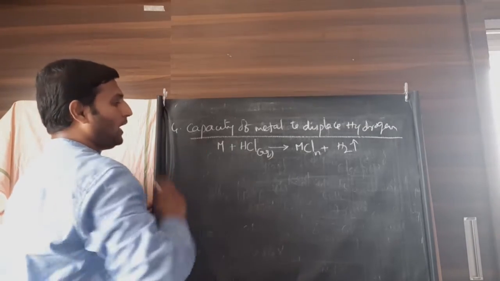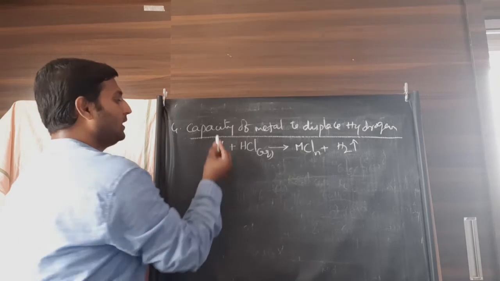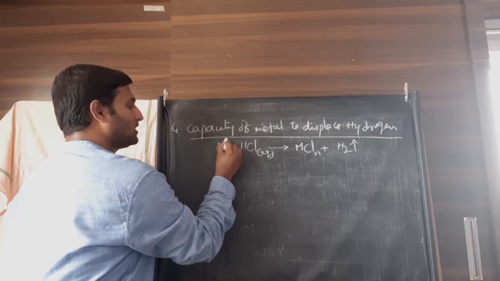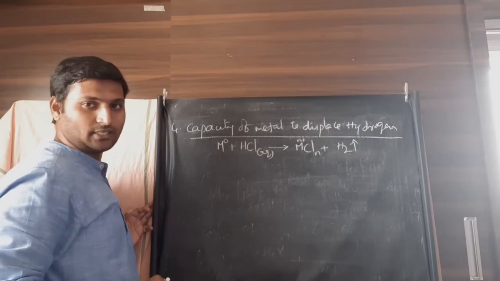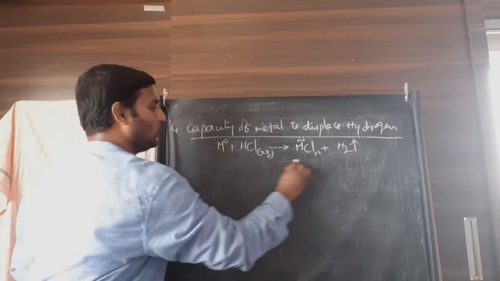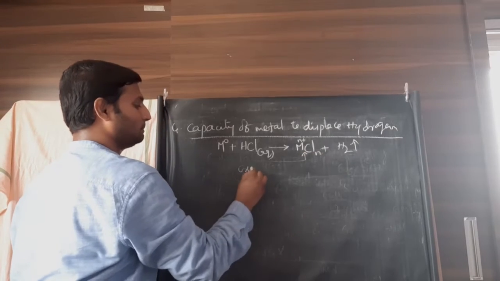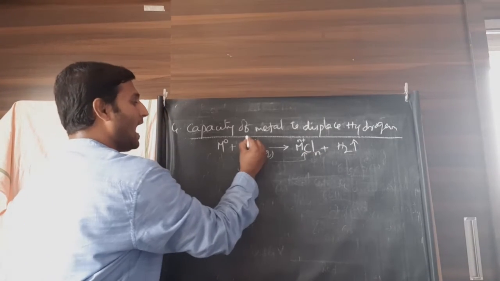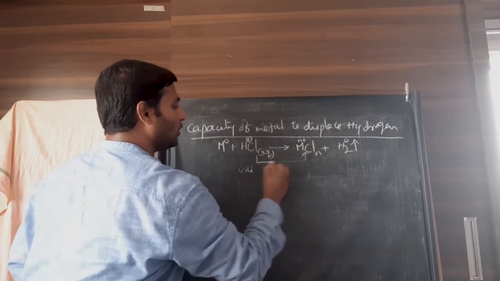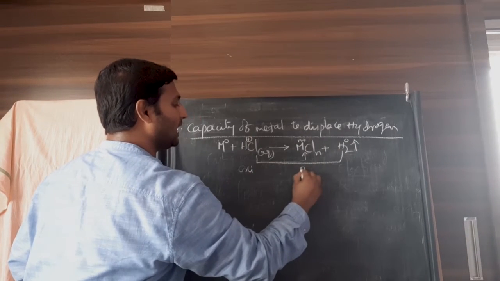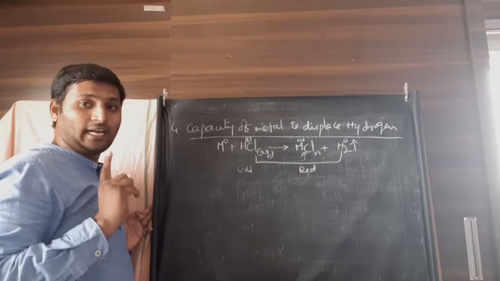The point to be noted here is that the metal has changed from zero oxidation state to N plus oxidation state. So the metal is undergoing oxidation, whereas hydrogen has changed from plus one oxidation state to zero oxidation state. That means the hydrogen couple is undergoing reduction.